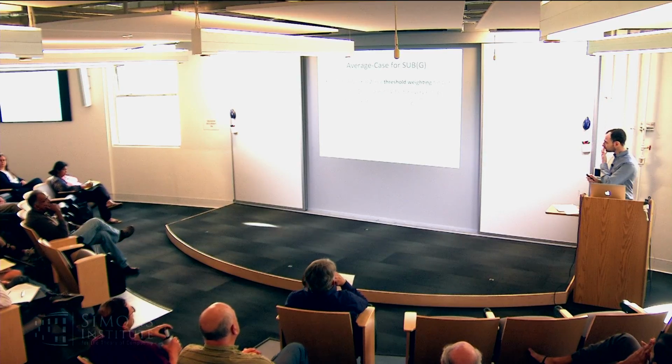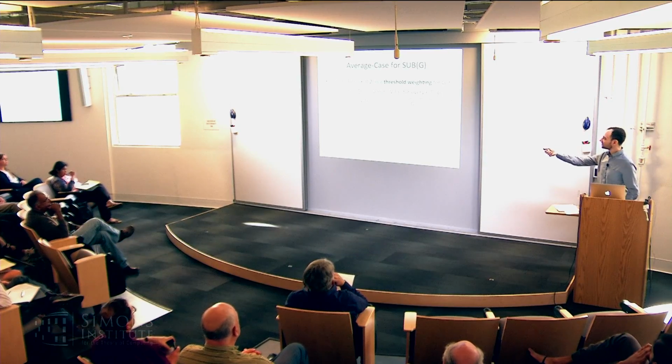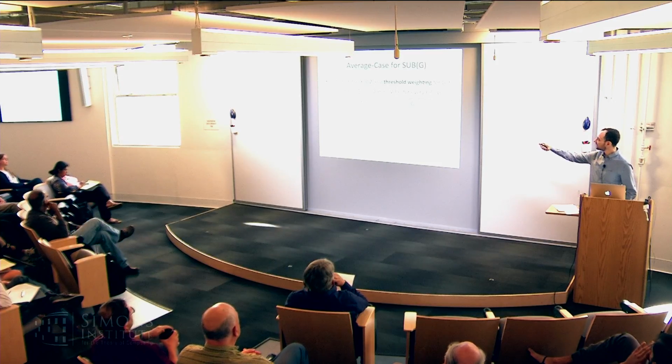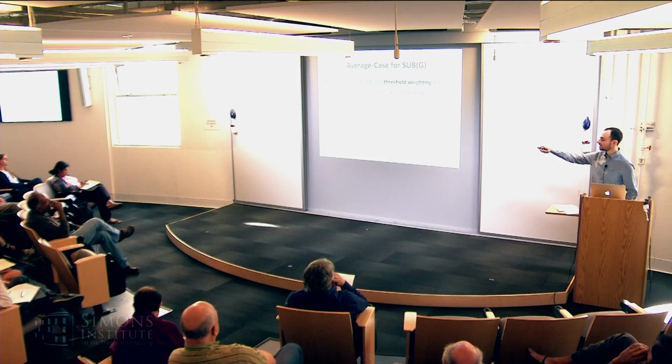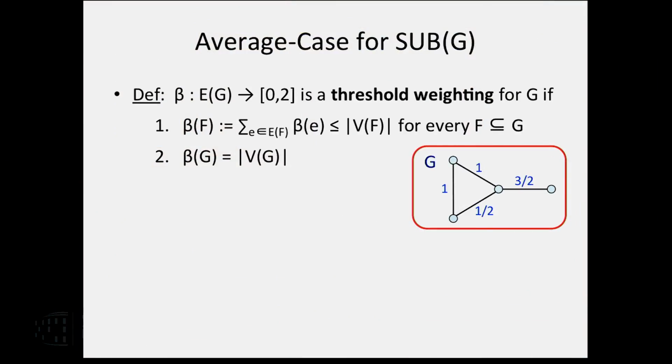So let me introduce a notion which I'll call a threshold weighting for a graph. For each edge in the graph, we have a function beta assigning a value between 0 and 2, and we'll say that this is a threshold weighting if it meets 2 conditions.